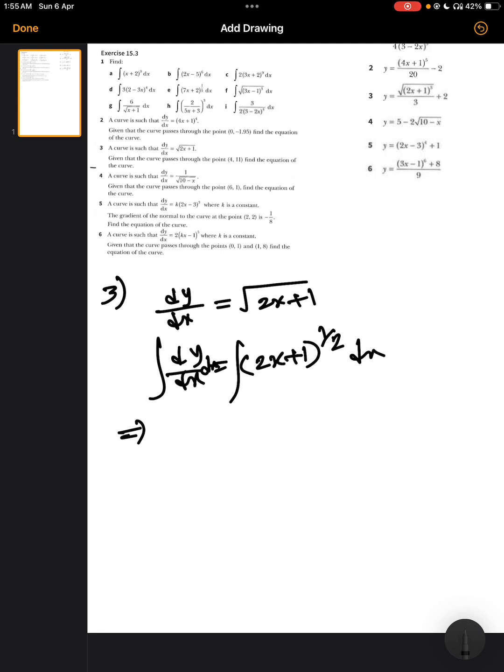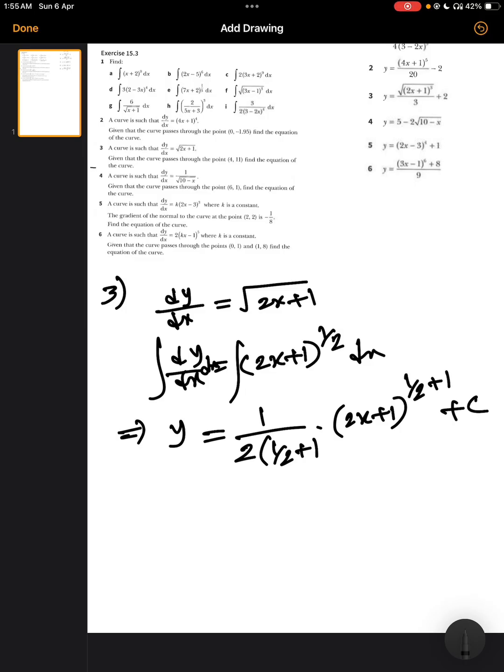So from the left hand side we will get y, and here our 1 over a is 1 over 2, n is half plus 1, times (2x plus 1) to the power n plus 1, plus c, which is the integration result.